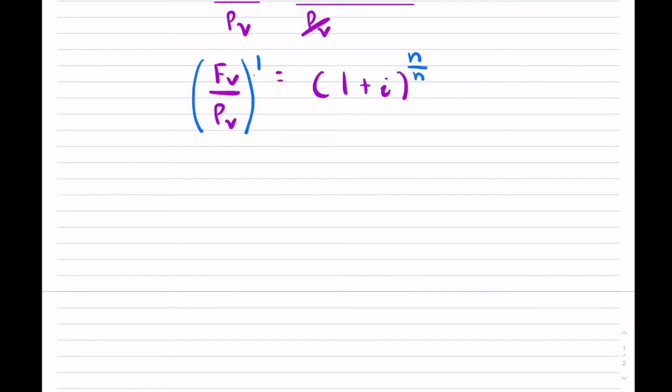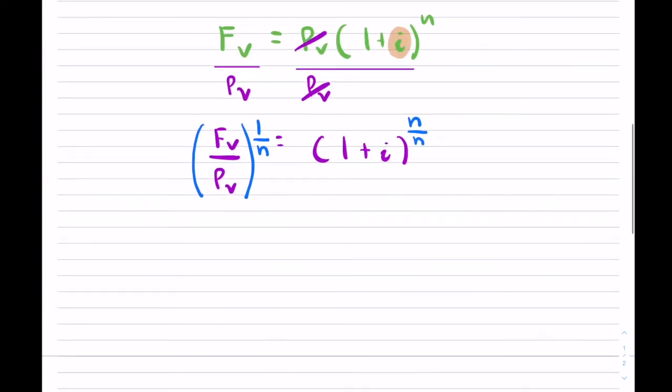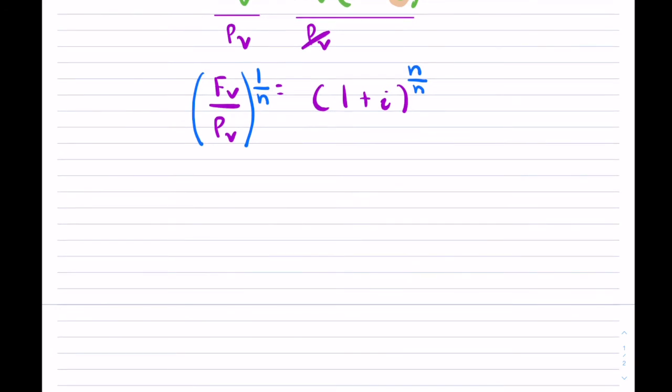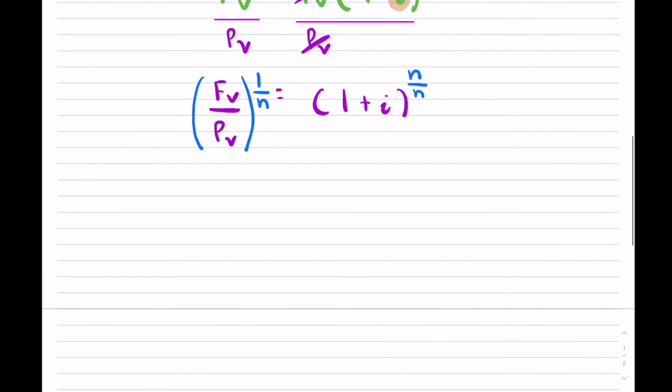But I'm going to do that to both sides, just as I did with the PV. If I divided both sides by PV, then the PV canceled on the right-hand side. Now, in this case, I am trying to get rid of the n from the exponent. So I'm going to be dividing in the exponent, so this n cancels each other off.